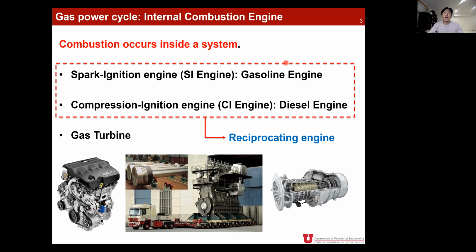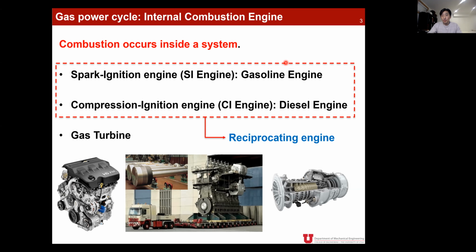In contrast, internal combustion engines or internal combustion power cycles are cycles or heat engines that have the combustion process in themselves. So in this chapter 9, we are going to talk about internal combustion engines, which have combustion occur inside the system.